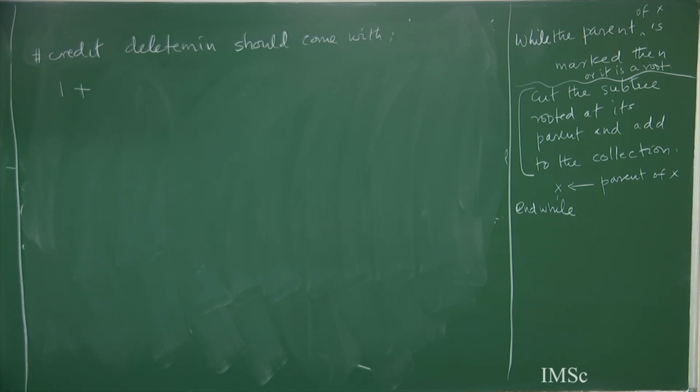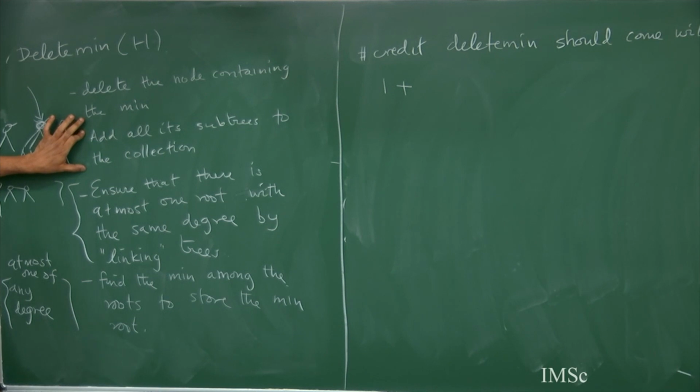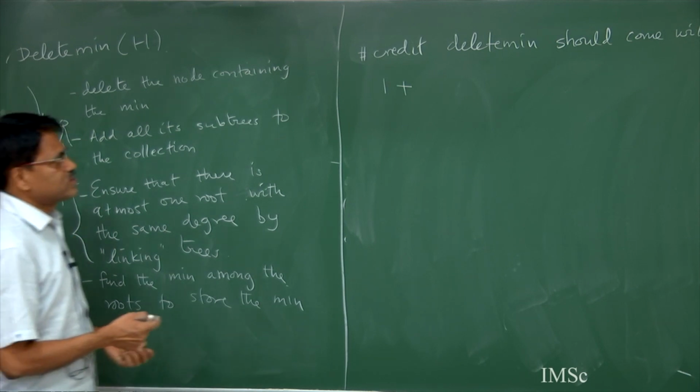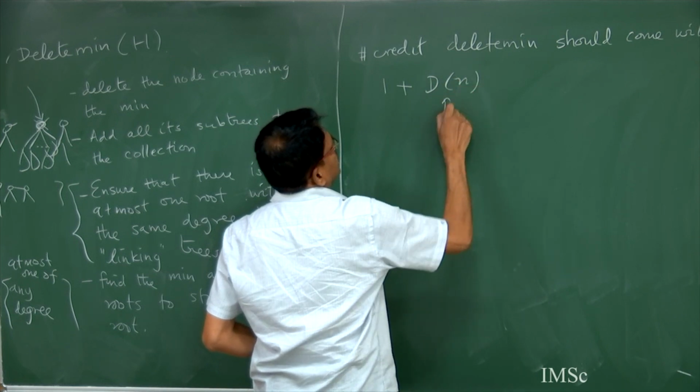So I'm going to add all its subtrees to the collection, right? And by the invariant we are maintaining each one of these should have a credit, right? So the amount of credit I should have is the number of its children. Okay, let's call it max degree.